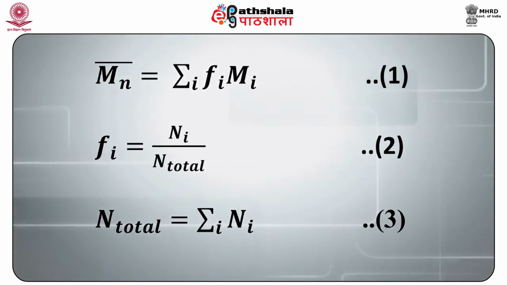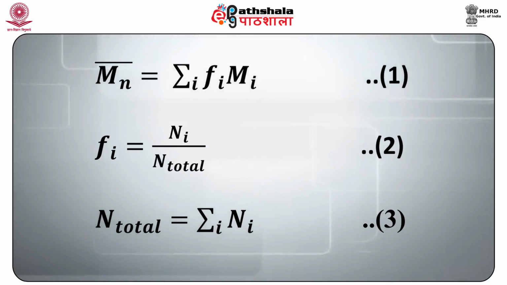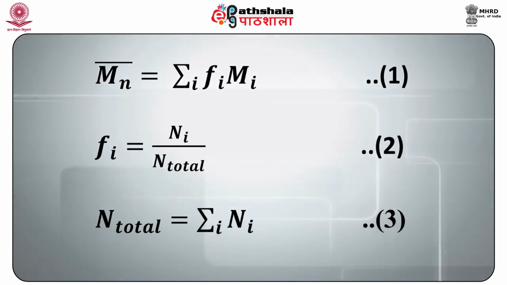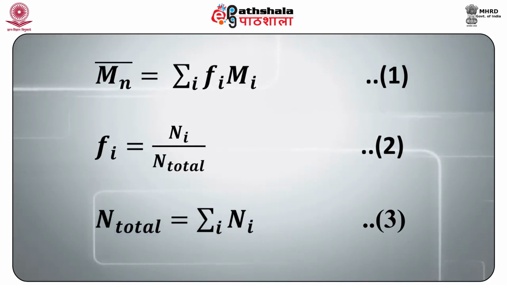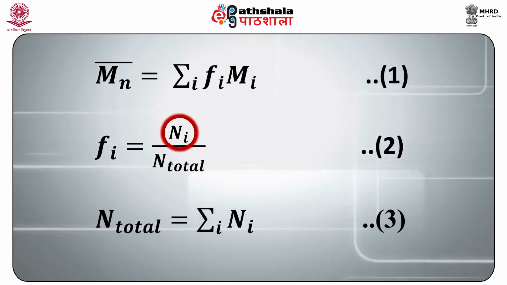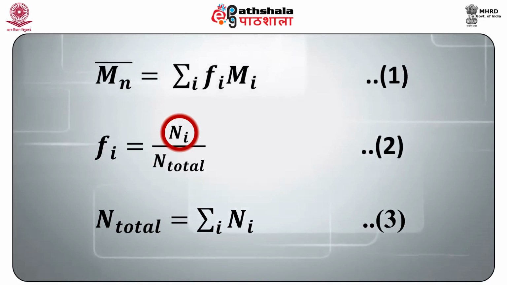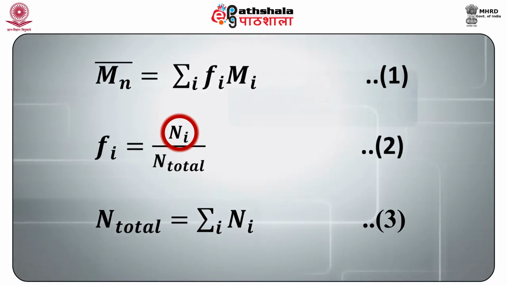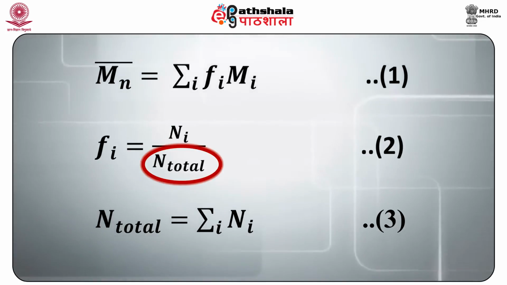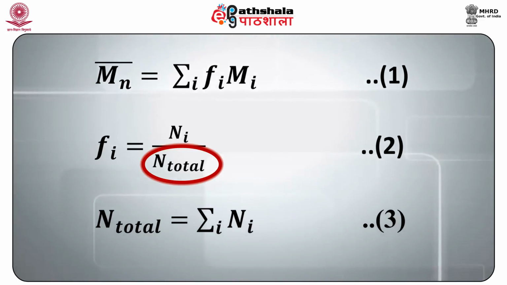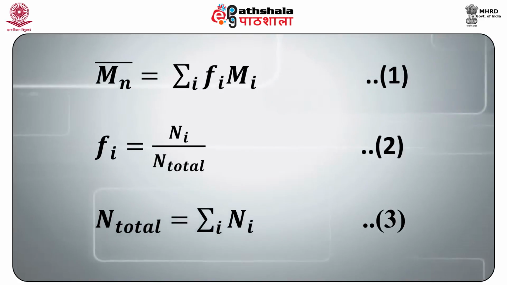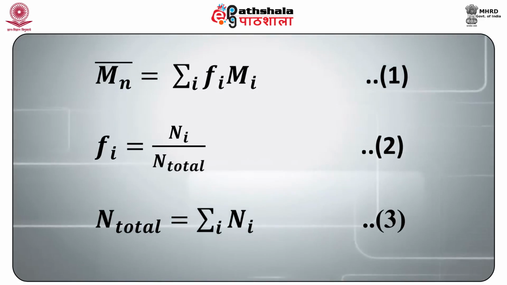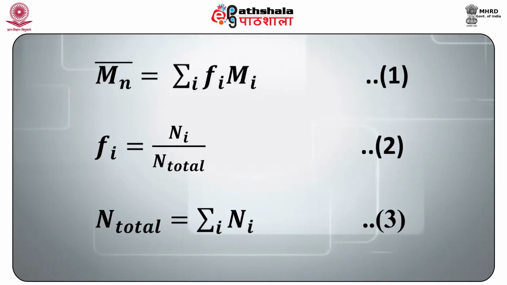The fraction Fi is given by Fi equals Ni by N total, equation 2, where Ni is the number of molecules having molar mass Mi and N total is the total number of molecules present in the polymer sample. Also, N total is summation over i of Ni. This is our equation 3.